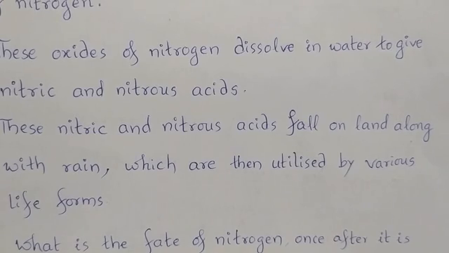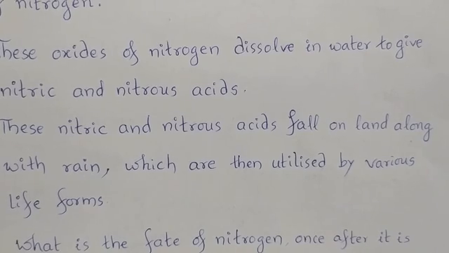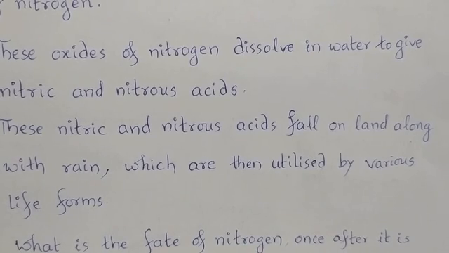Oxides of nitrogen dissolve in water and they form what? Nitric and nitrous acids. Along with rain, these nitric and nitrous acids fall on the land. After falling, this nitric acid and nitrous acid are utilized by various living organisms, especially by plants.